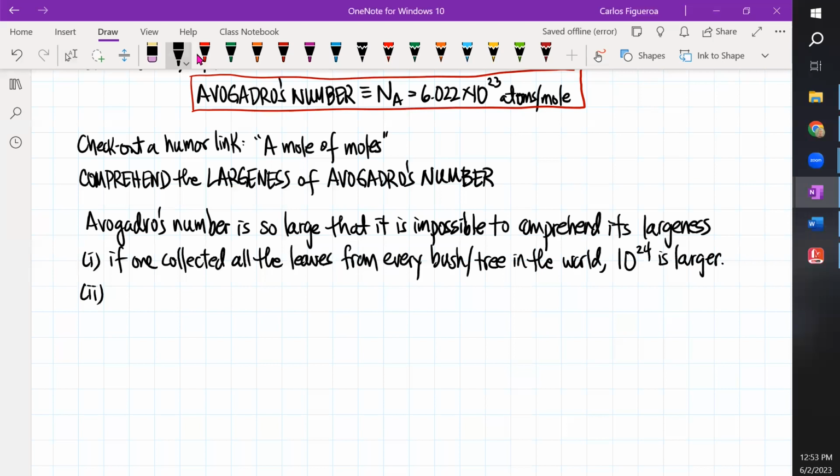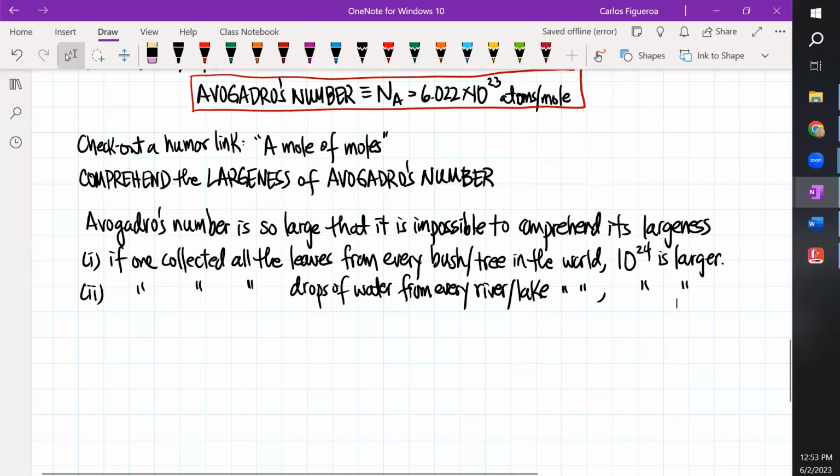Another commonly referenced is if you were to collect all the drops of water from every river and lake in the world, 10 to the 24 is larger. Note that I did not talk about ocean here. There's actually more drops of water in the world's ocean than Avogadro's number by a factor of 1,000.